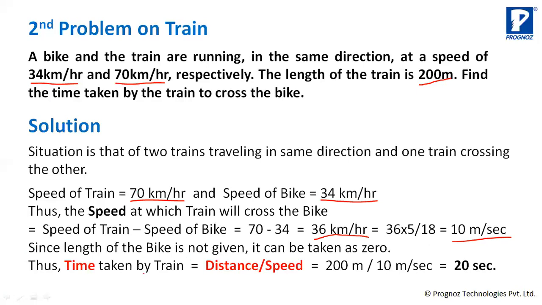Since the length of the bike is not given, it can be assumed as 0 and negligible. Thus, the time taken by the train is equal to distance upon speed, which is 200 by 10, meters by meters per second. Meters cancel out, and finally you get 20 seconds. So the train takes 20 seconds to cross the bike in this situation.